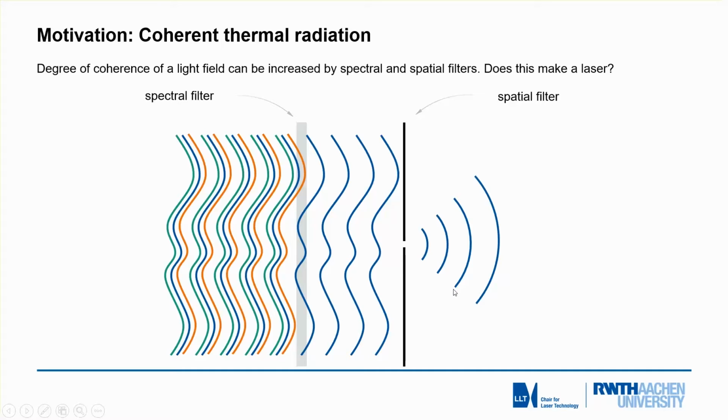However, in this we lose a lot of intensity, and yet still don't have coherent light. We have very low bandwidth light and highly spatially sorted light, but it's not laser light.